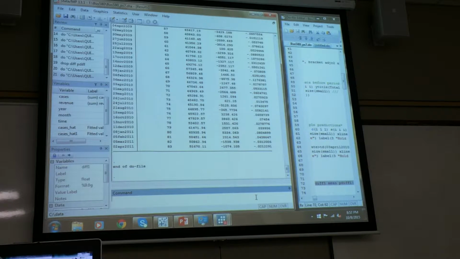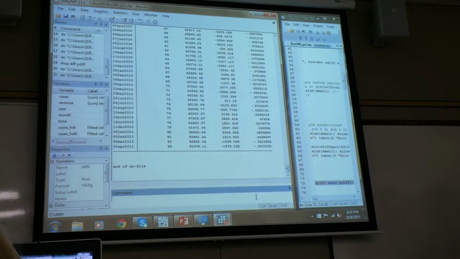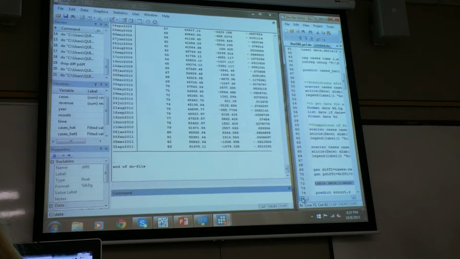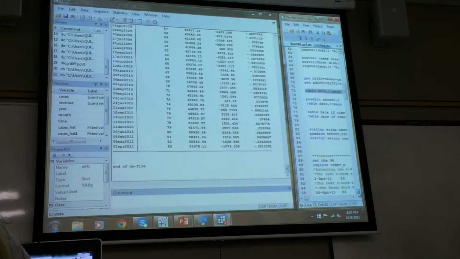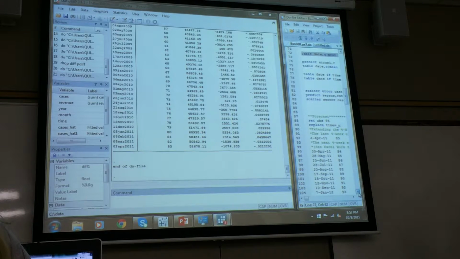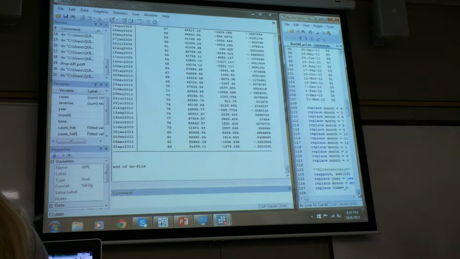Okay. Let's do that. We t-setted the data. So since we t-setted the data, we can use this command.